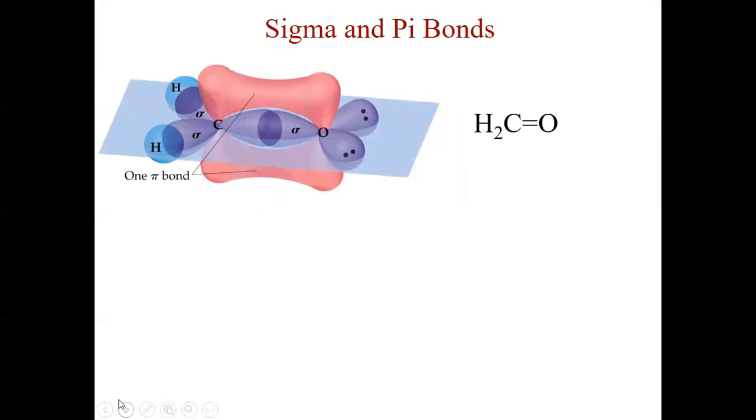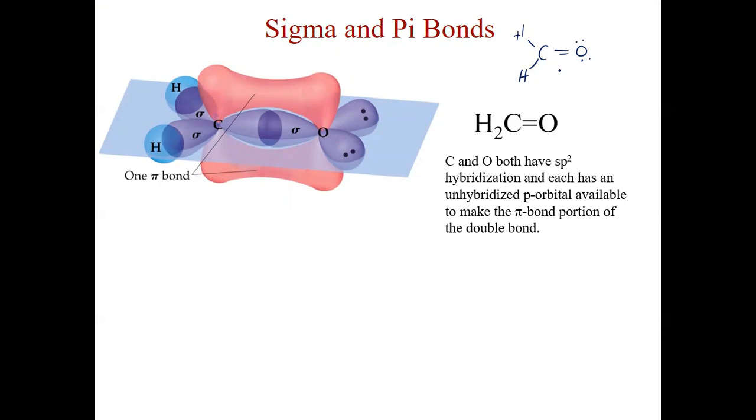So another example, this is actually the example on the right-hand side. You have CH2O. If we were to draw this out, it would look like this. And so we're going to have a sigma here and a sigma here, and one of these is going to be sigma, and then we're going to have one pi bond.